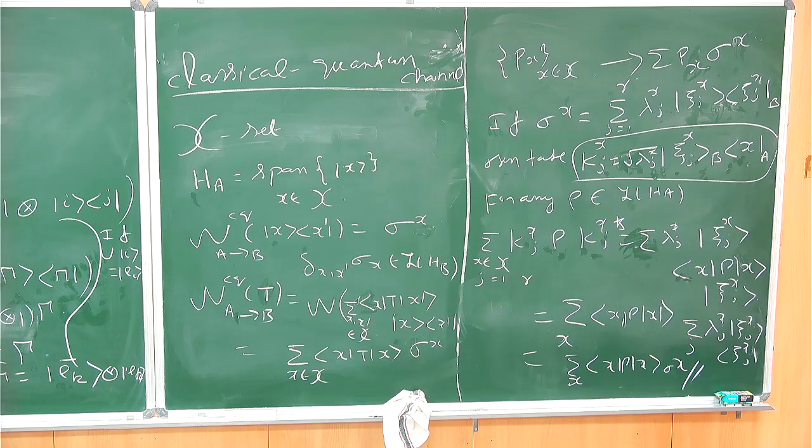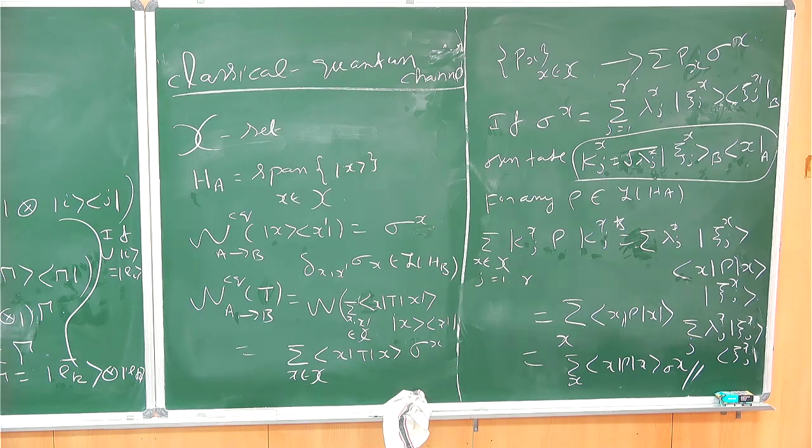So what will we get? xx bar tensor xx bar. Right? Summation over xx bar. And only when x bar equal to x, it is good.